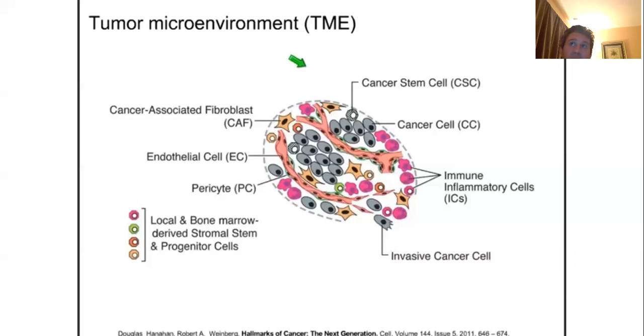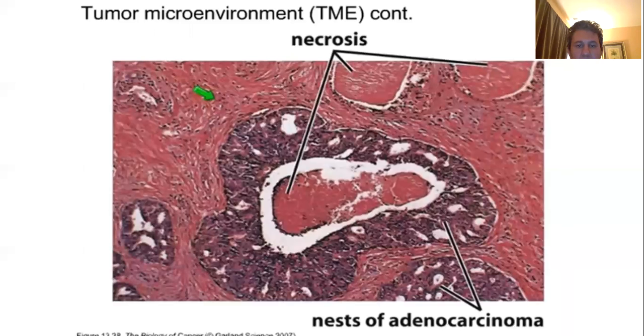And the cancer is secreting chemicals and is expressing on its surface receptors that will turn off the immune system and polarize it away from Th1, M1, and that needs to be reversed when you are managing cancer. If you see here, this is prostatic cancer, I think a stained slide of prostate cancer, and you will see that here in the center, this is the necrosis, this is the cancer itself, and this is the stroma.